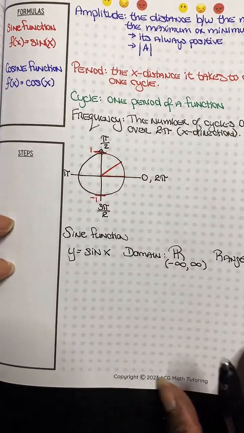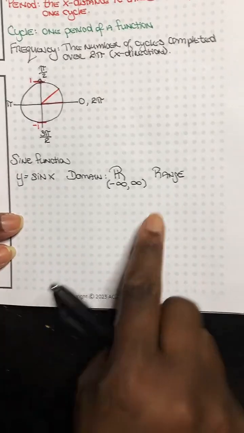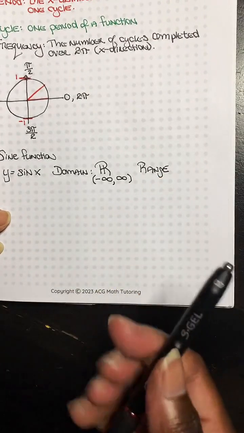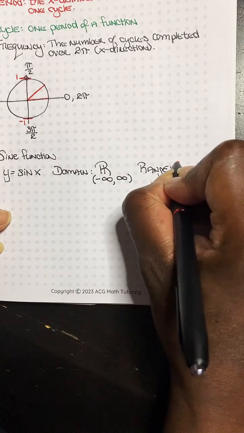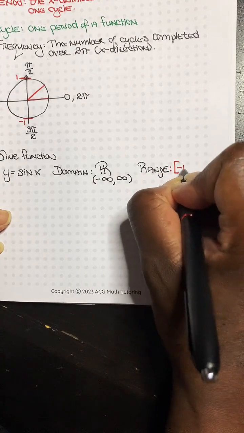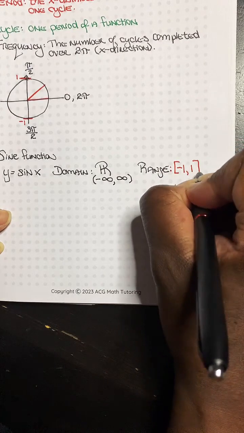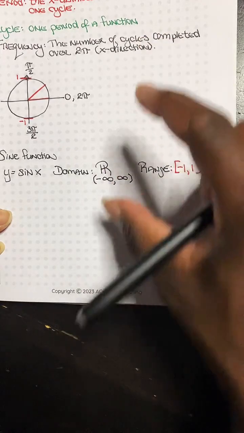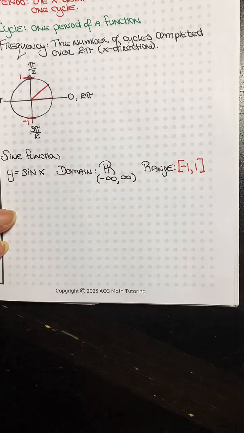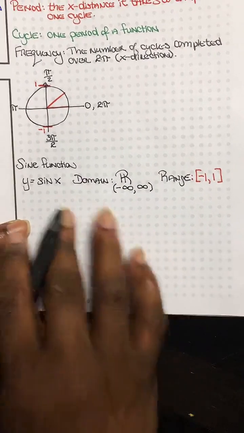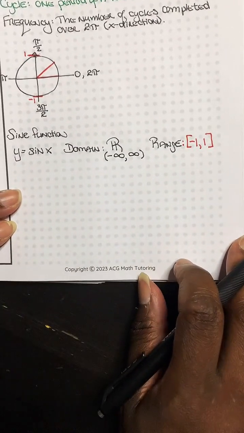So no matter what, my range is always going to be from -1 to +1. It's never going to be more than that. It may shift, it may have a little transformation, but it's not going to be more than that. So this is the standard.